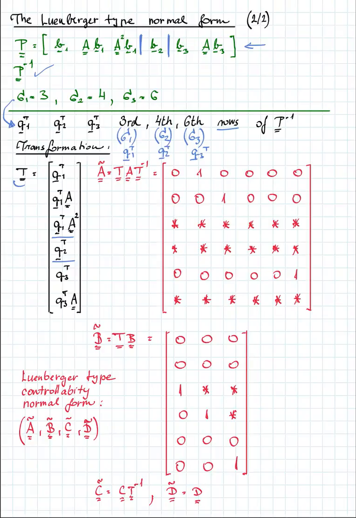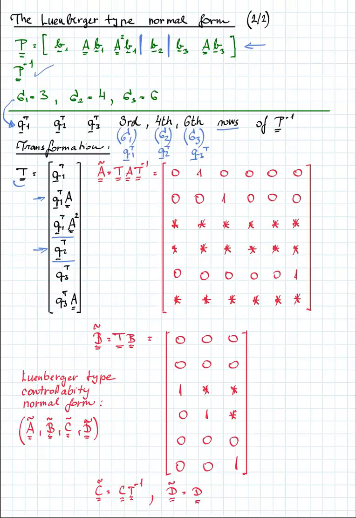The second row will be Q1 transpose A, and the third is Q1 transpose A square. This is the first block of the transformation matrix T. The second block is just Q2 transpose, and finally the third is Q3 transpose and Q3 transpose A.